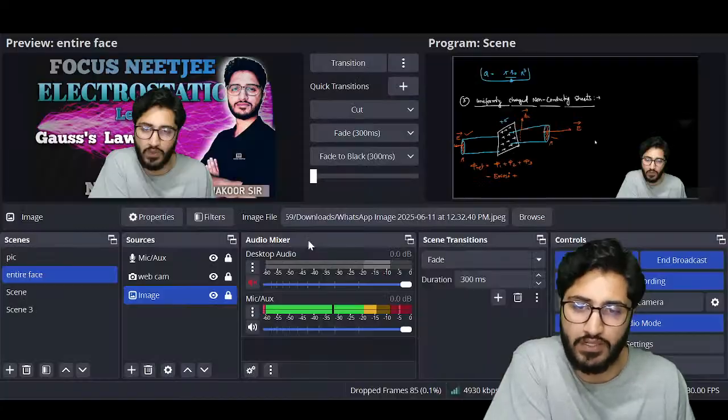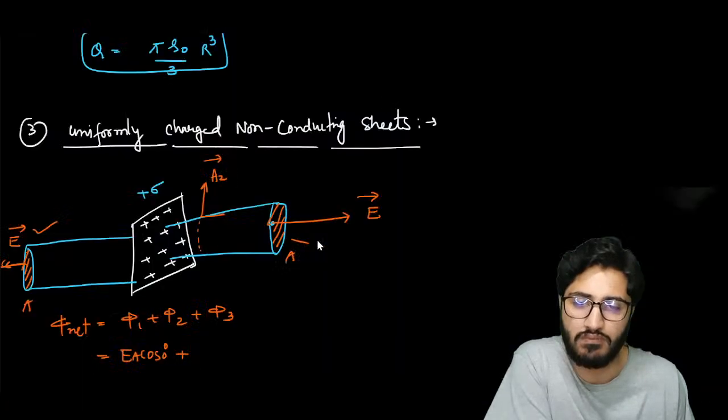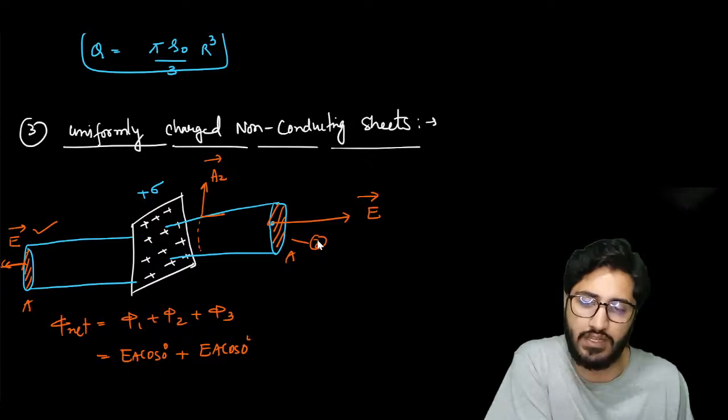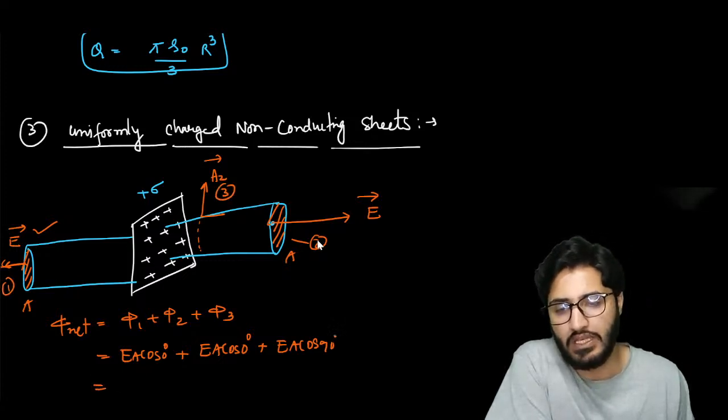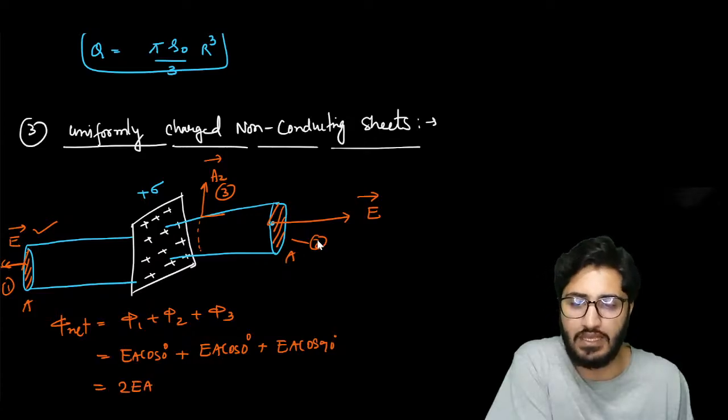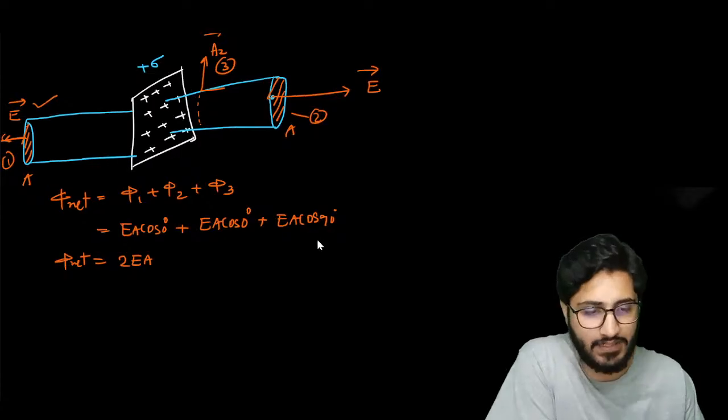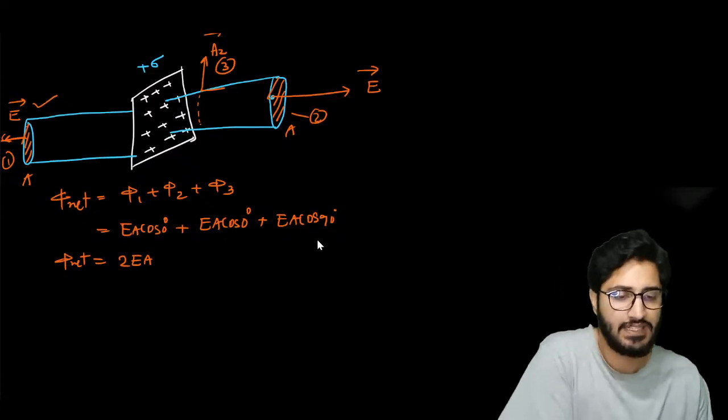Phi2, this one, is the second part, same EA cos 0 degree. The third one will be EA cos 90 degree. So my phi net will be 2 times EA. Done? Easy, no?